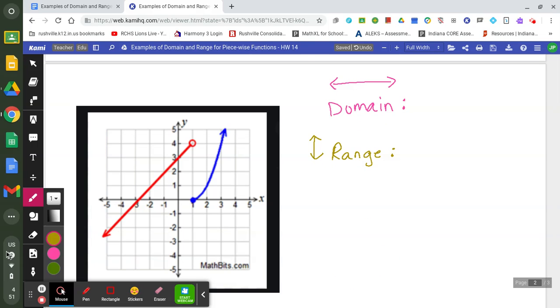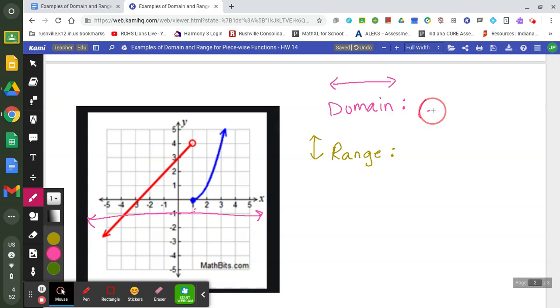So on this one, the domain would start over here, and since this is going to go on forever and ever in this direction, it covers all the way, and it would stop because this is an open circle, but this is a closed circle. So all of the numbers on the x value are included.